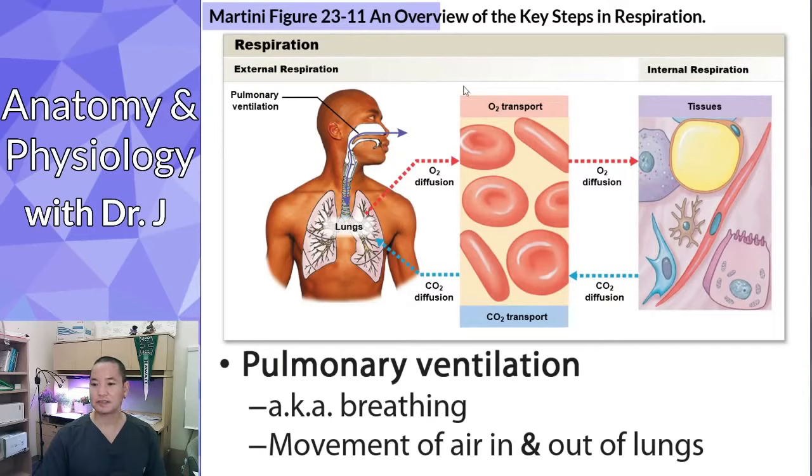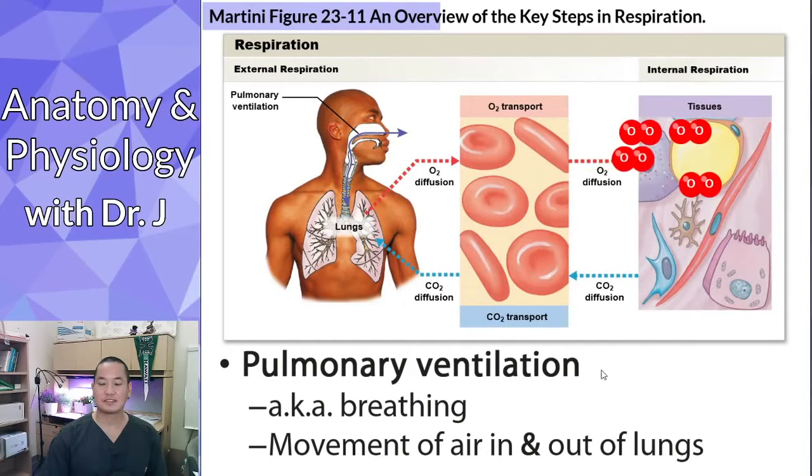So external respiration refers to the process of getting those oxygen molecules in from your environment into your lungs and to your blood. But this is where internal respiration happens. Internal respiration actually refers to the exchange of gases between the blood and your tissues. So again, with your red blood cells and the hemoglobin, you want to offload oxygen from the red blood cells into your tissues.